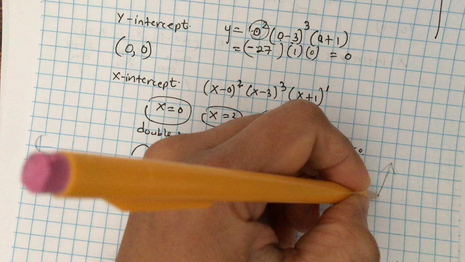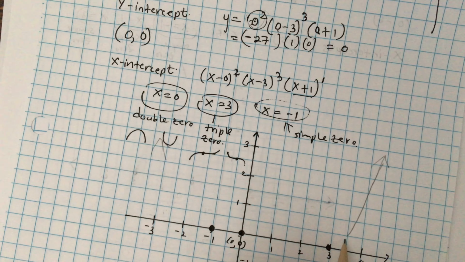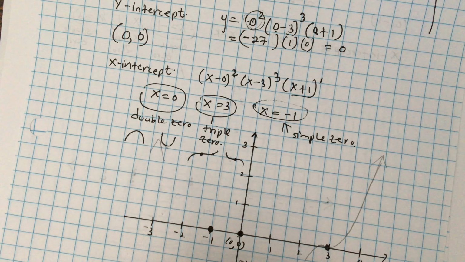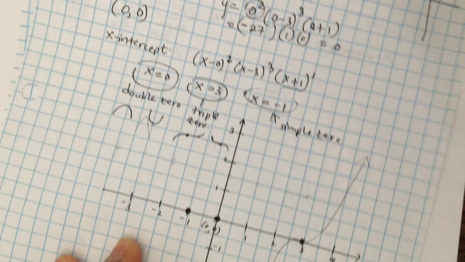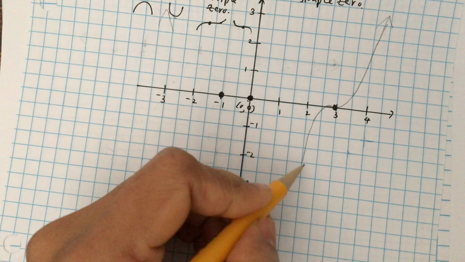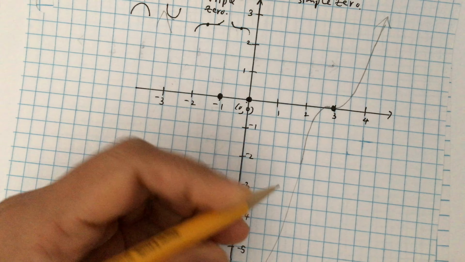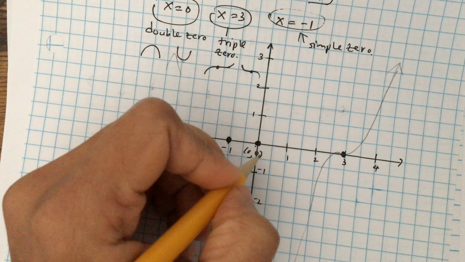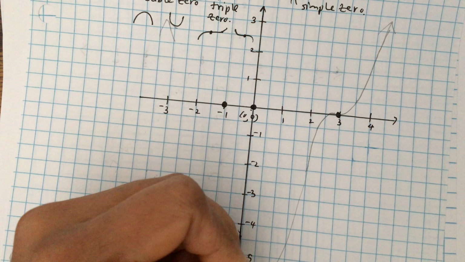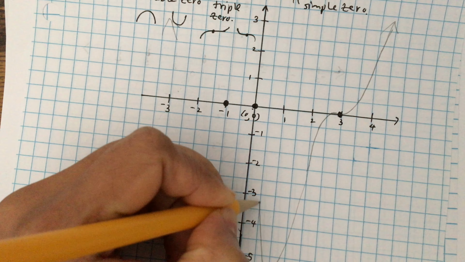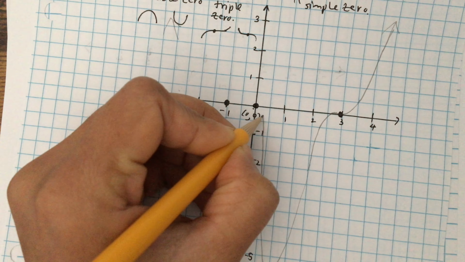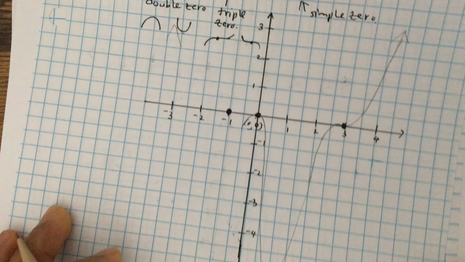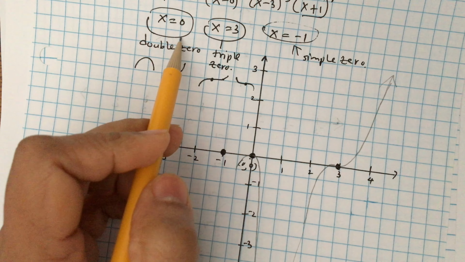So your graph comes from here, and it should be flattened at that point and then go down, right? And I don't know how far I should go, but I go like this, and at x equals 0, a double 0, I'm over here, I should come to this point, right? It should be a bounce off the x-axis, so a double 0 at x equals 0, right?